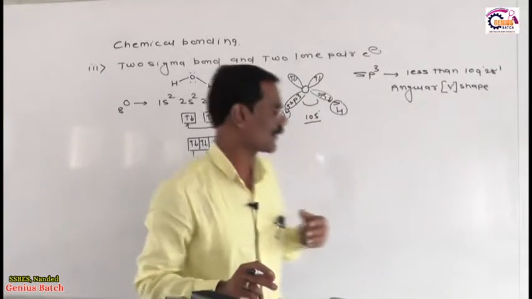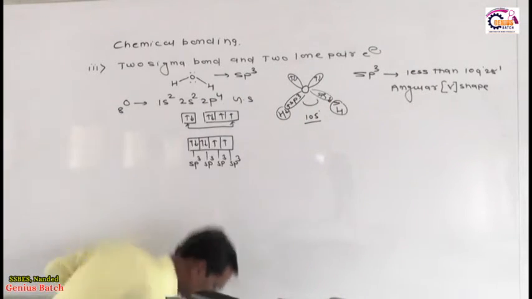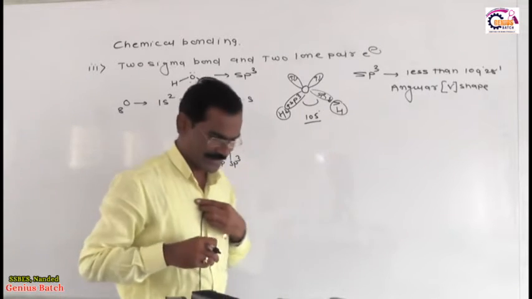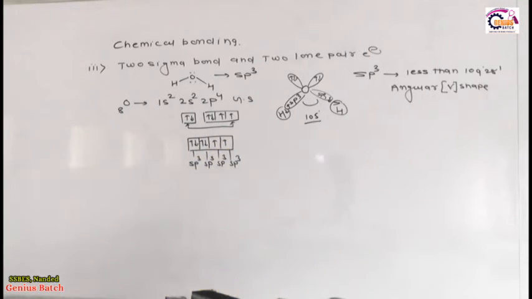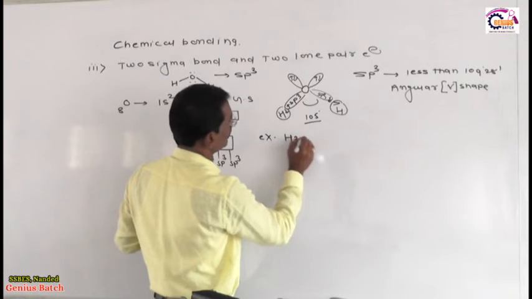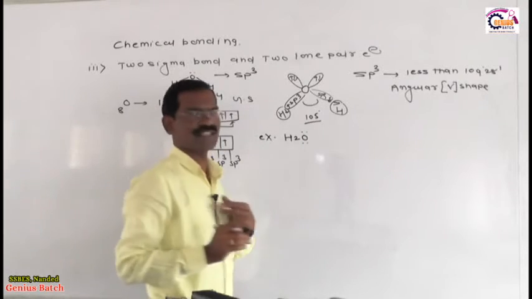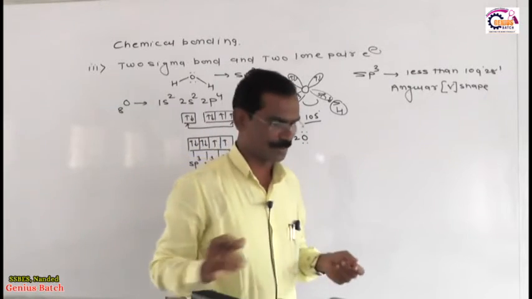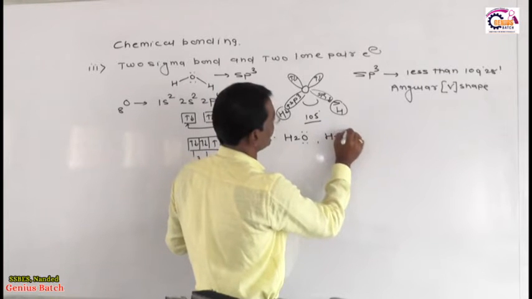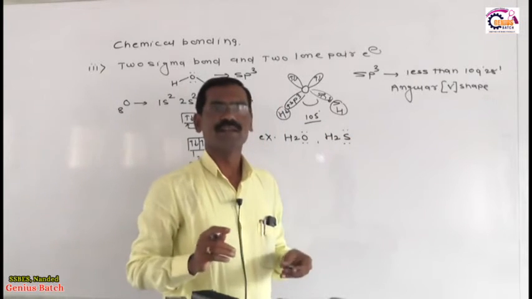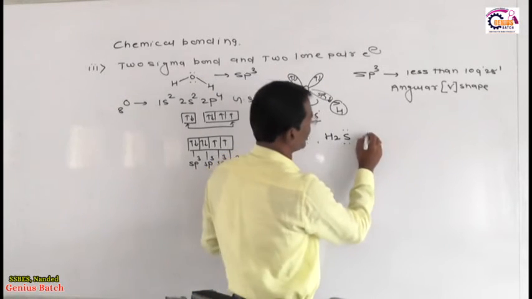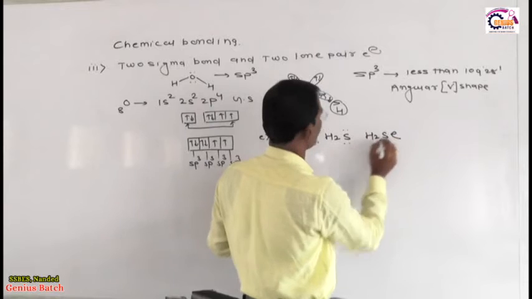So which are the examples of this category? See toward the board. Listen very carefully. The first example is the water molecule, because in water the oxygen is attached by 2 sigma bonds with 2 lone pairs. After water, the second example is H2S, hydrogen sulfide, where sulfur is also attached by 2 sigma bonds and 2 lone pairs. After H2S, the next example is H2Se.